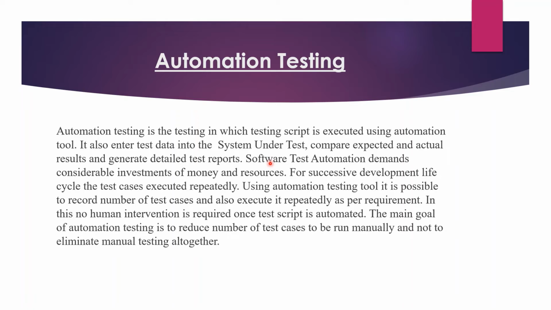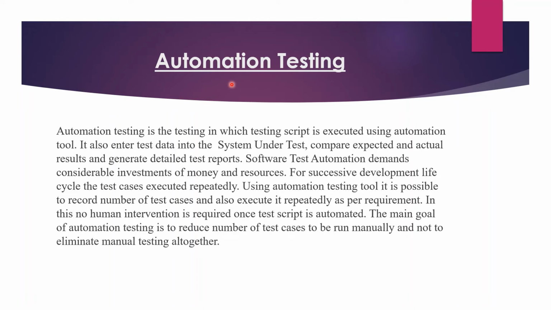And after fixing them, they also retest it. Software test automation demands considerable investment of money and resources, but as automation has less cost, it is more feasible once the application has been manually tested, because the manual tester works as the end user.